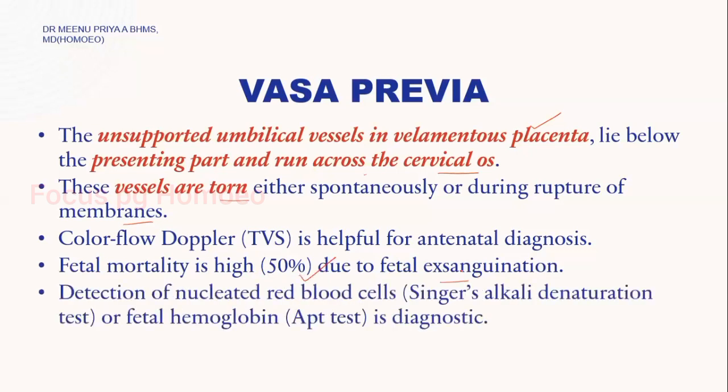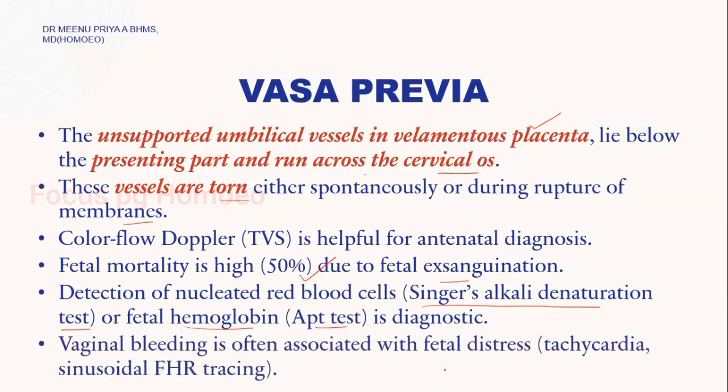Detection of nucleated red blood cells and Singer's alkali denaturation test are done to assess vasa previa, and the fetal hemoglobin test is diagnostic. Fetal bleeding is often associated with fetal distress and tachycardia, and a sinusoidal FHR tracing is seen. So this is vasa previa.